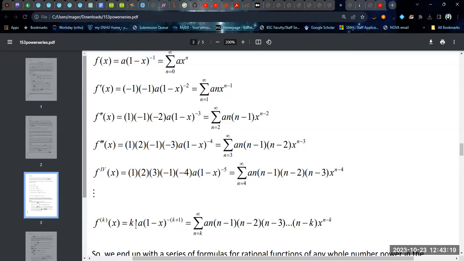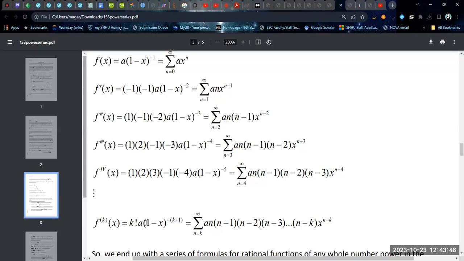What I essentially end up with as I keep doing this is k factorial for however many derivatives I take. I'm going to end up with a 1 from the first derivative, and a 2 will survive from the second derivative, and then a 3 from the third derivative, and a 4 from the fourth derivative, and so forth, times whatever my initial a value was.